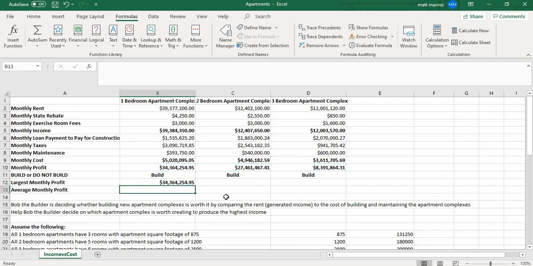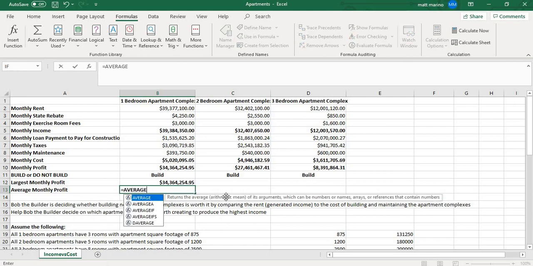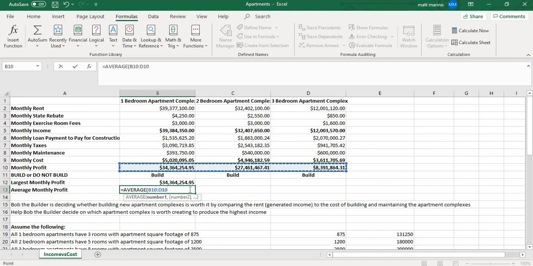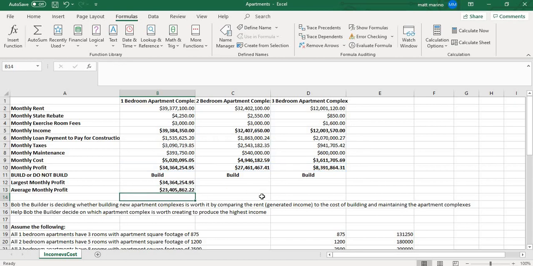Finally, we're asked to find the average monthly profit. So we utilize our average function. We again highlight all of our profits, and it will provide us the average of these 3 totals as such.